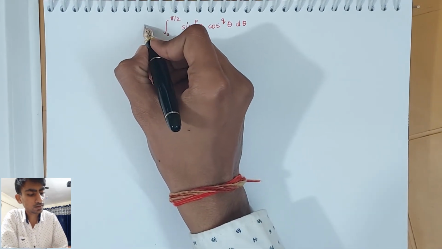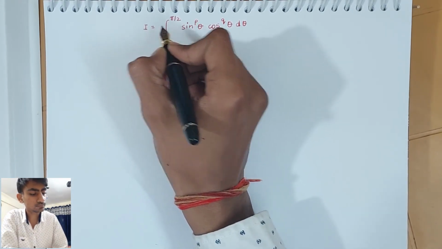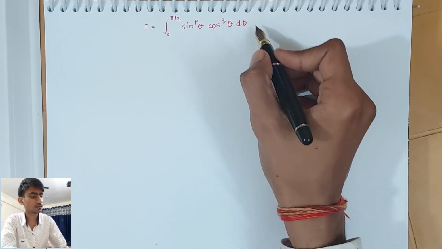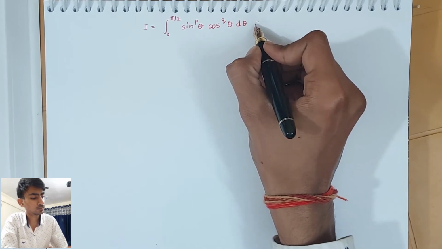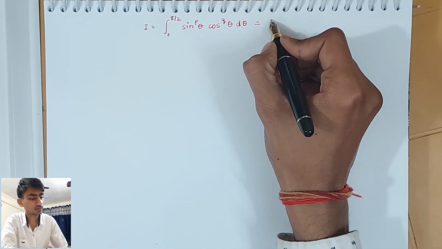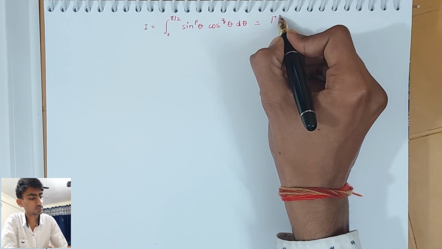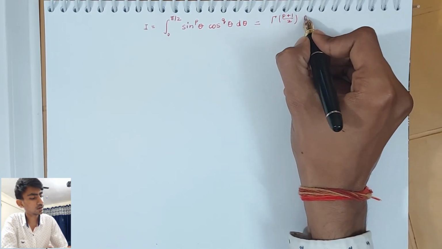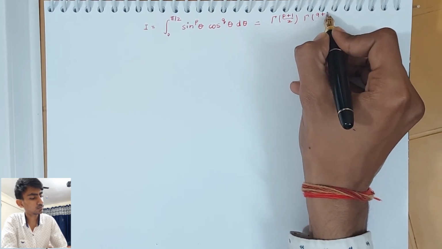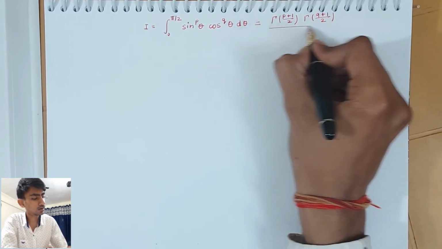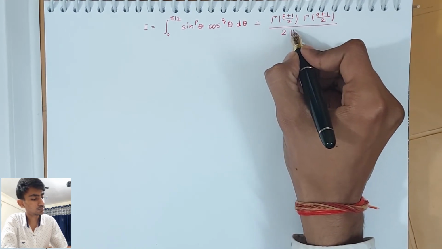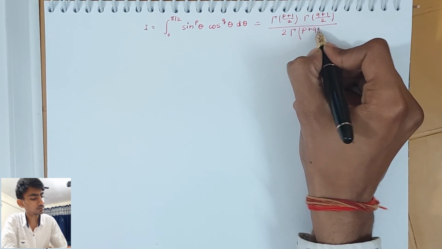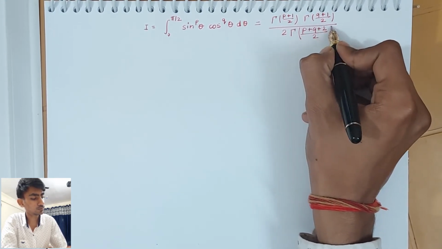Let's say it is I, and to make it like a proof question, say if it was asked to prove that it is equal to gamma of p plus 1 by 2 gamma of q plus 1 by 2 divided by 2 times gamma of p plus q plus 2 whole divided by 2.